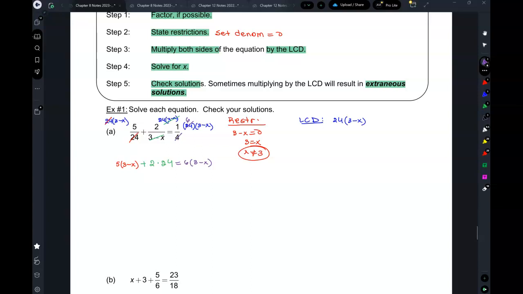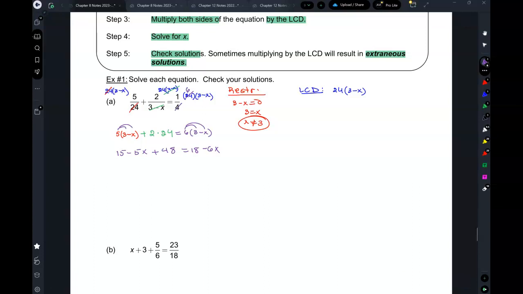Now, when you do this, find the LCD, multiply each term by the LCD, and simplify correctly, your denominator should disappear. So now all we have is a regular old algebraic equation. So distribute: 15 minus 5x plus 48 is equal to 18 minus 6x.